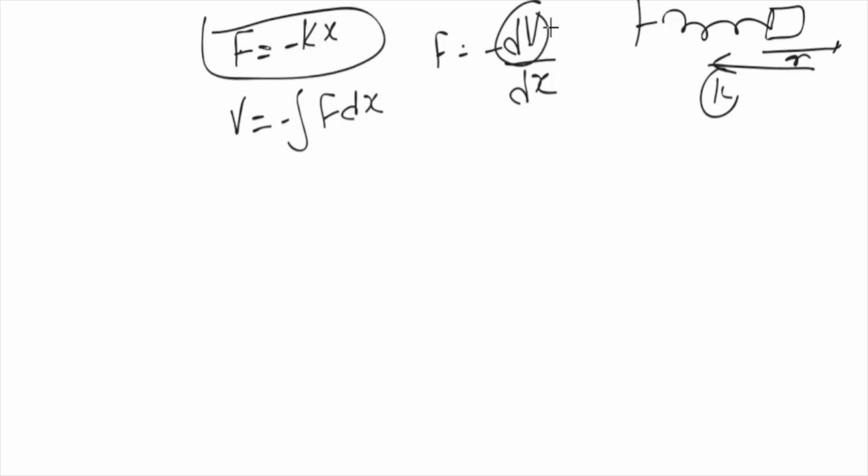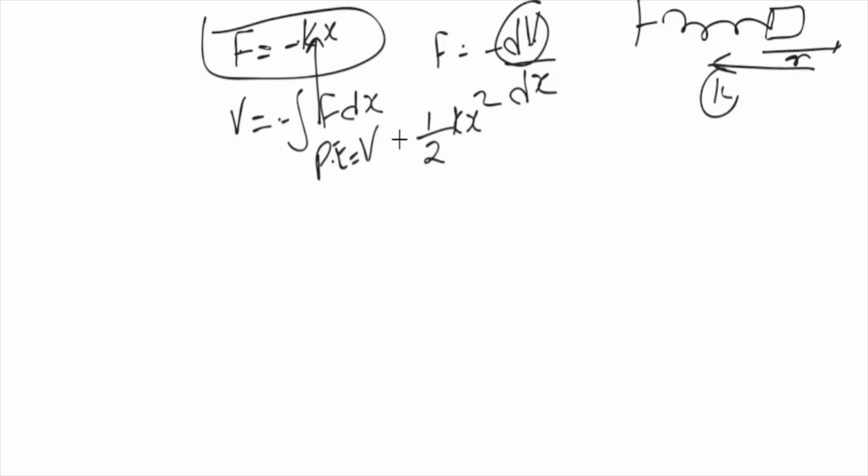If F is equal to this, then to find V what do we have to do? We have to integrate. V is equal to minus the integral of F dx. So what is the value of F? It is minus kx, then minus minus is plus, and if you integrate, x square by 2, so the answer is potential energy equal to half kx square. It is the potential energy.